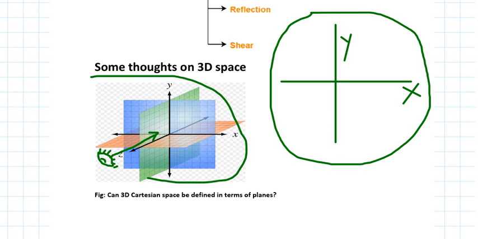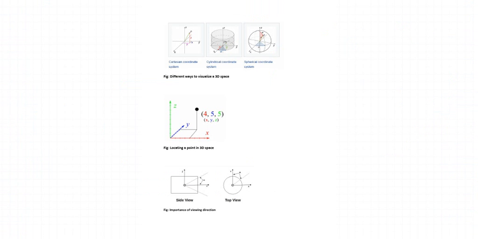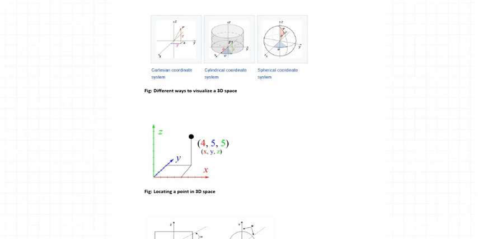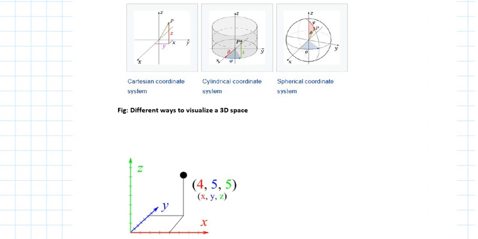Now let me explore some more properties of three-dimensional space. Here you have three different types of representation for three-dimensional space. You can represent it by orthogonal axes, the xyz axes, using the Cartesian coordinate system.